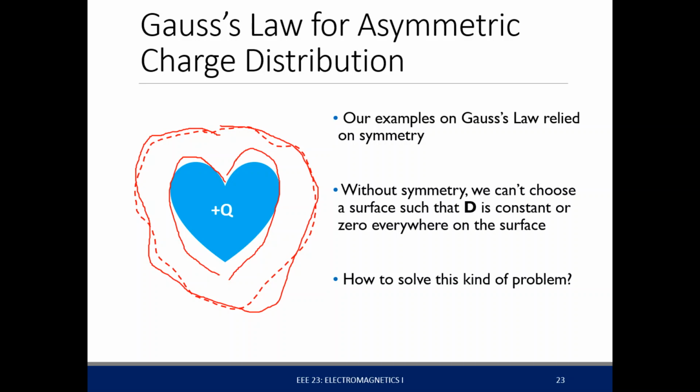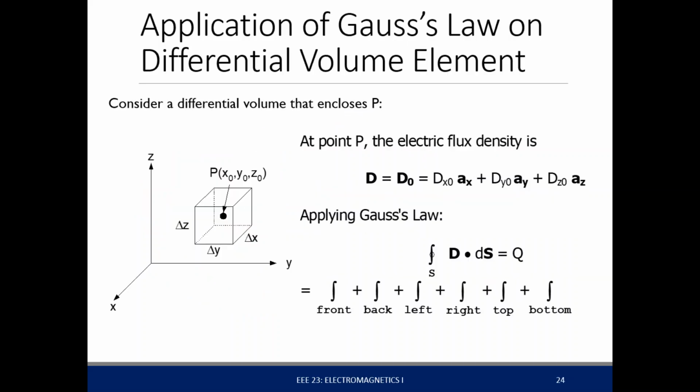Instead of looking at it at a larger scale, let's look at it in a smaller scale. Consider a differential volume that encloses a point P. This volume is very small. So let's consider then the Cartesian coordinate system for now.